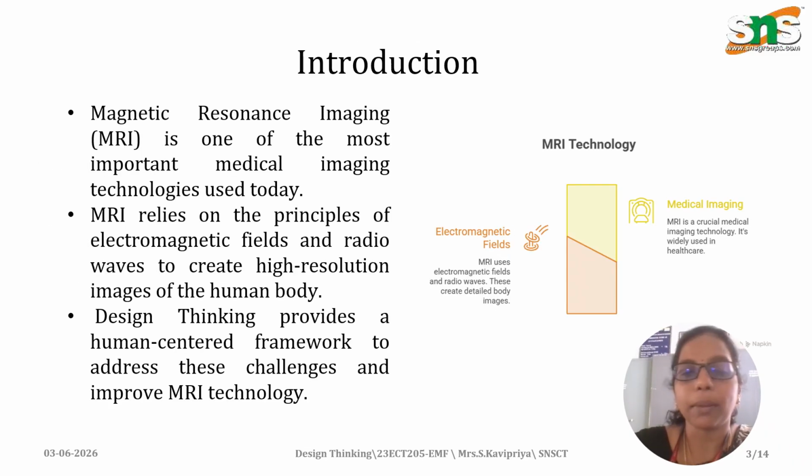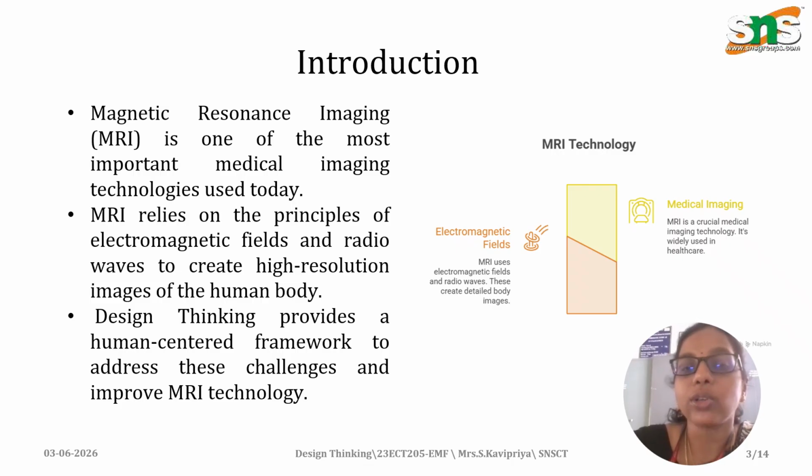First, what is this MRI? MRI, which we have discussed in the last video. MRI is magnetic resonance imaging, a medical imaging technology which is used to provide a detailed image of the human body part, through which the doctors can easily diagnose the diseases.